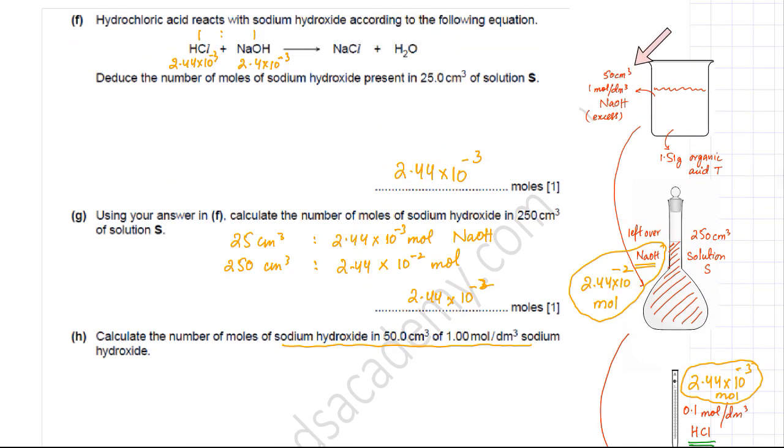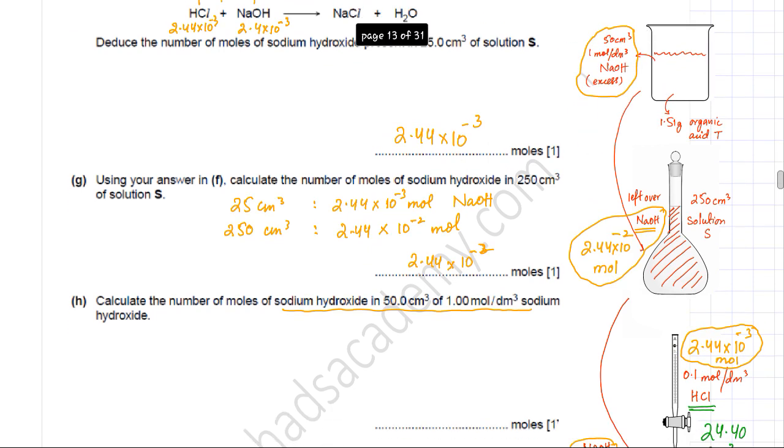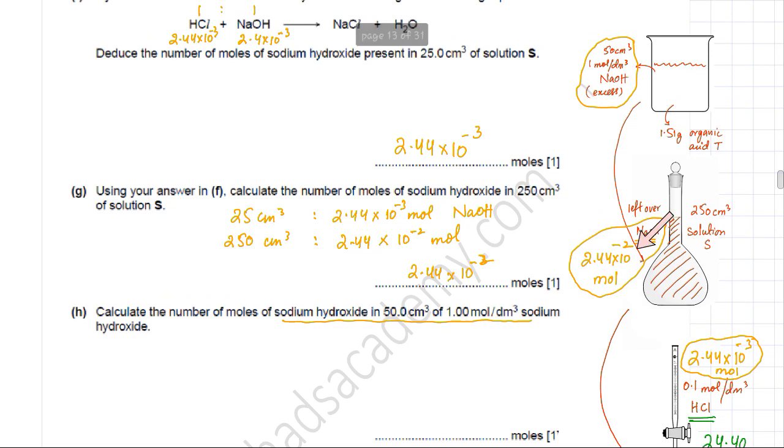Remember, you were asked to add this amount of NaOH, which was in excess, to this beaker, and the moles of NaOH that we calculated in the previous step are the moles that were left behind, that did not react with the organic acid T. There was an acid and alkali reaction going on, but we added too much NaOH and some of it was left behind. So we have found the leftover NaOH.